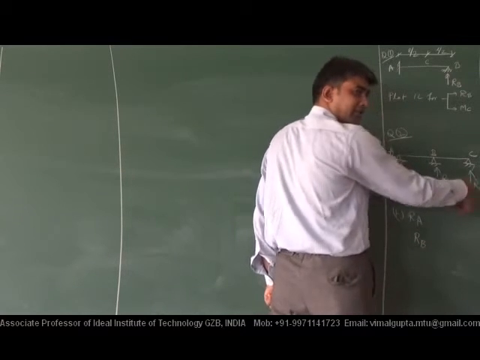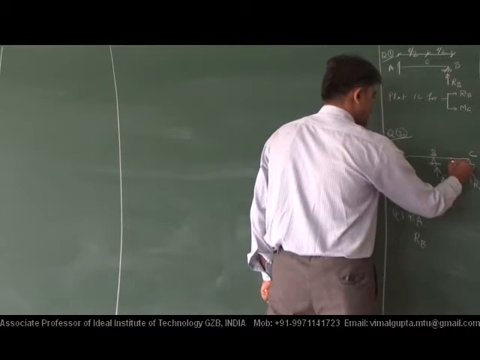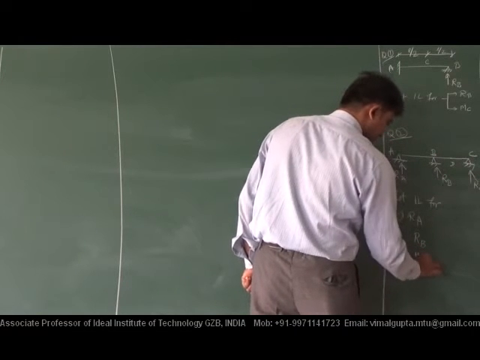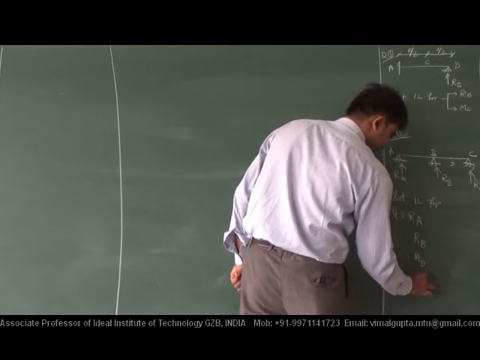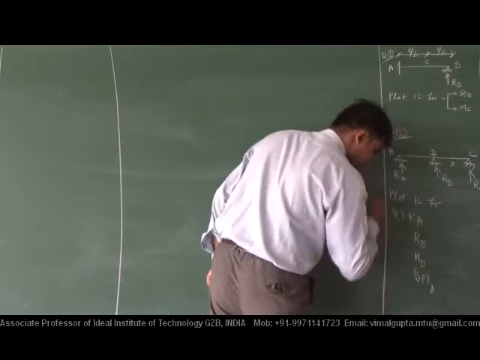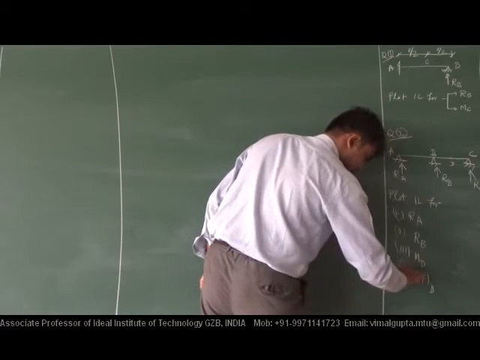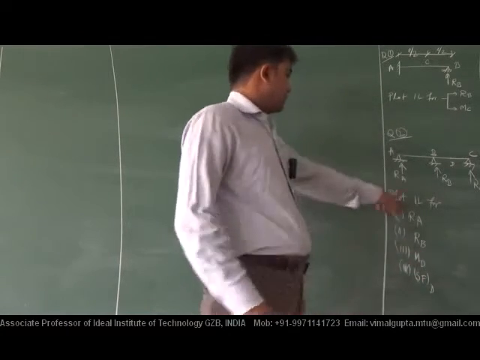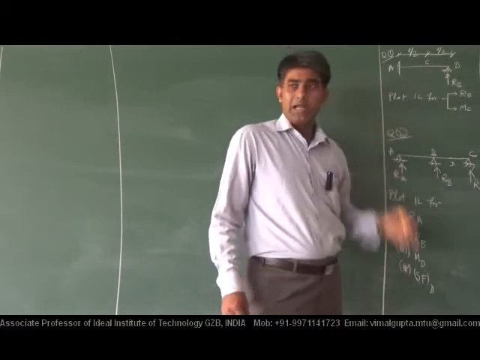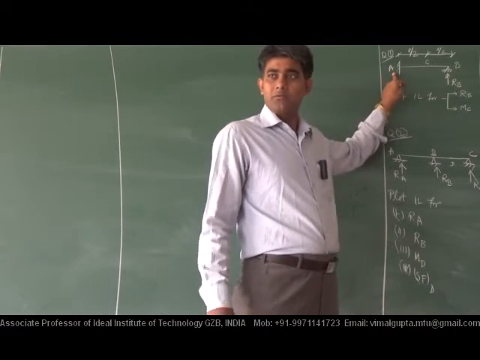Similar work will be for RC, so we will not plot it. We can choose any point D, so moment at point D and shear force at point D. These four types of plots we will do for this question, and we will plot for RB and MC. You can also plot IL for RA, no problem.